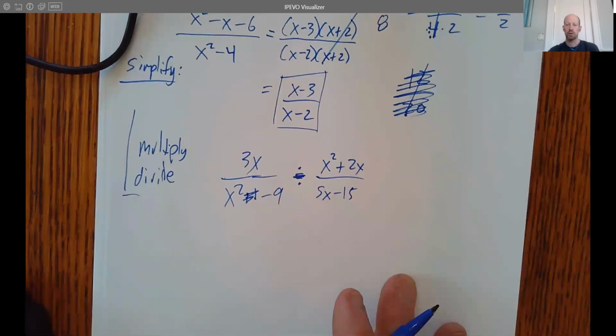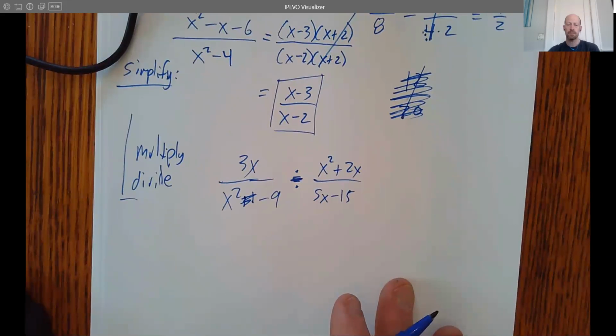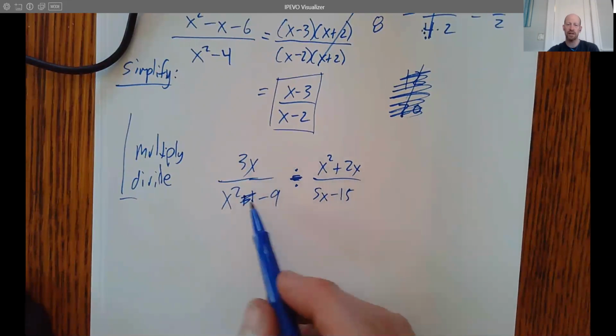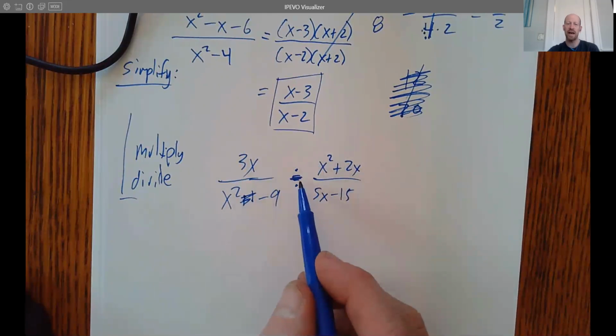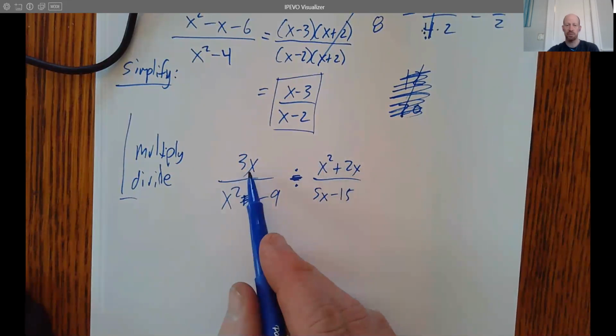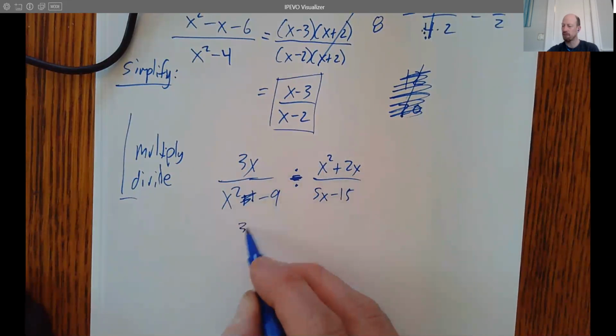Okay. So here we have two rational expressions and we're dividing them. I still am going to want to factor. So the 3x is already factored.